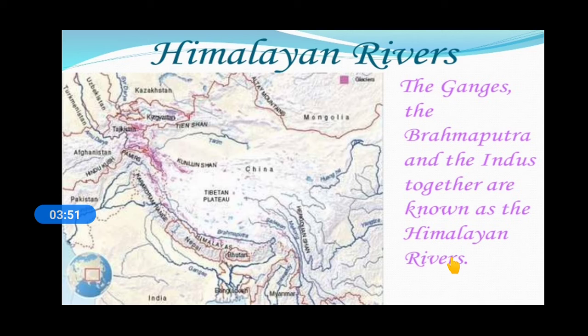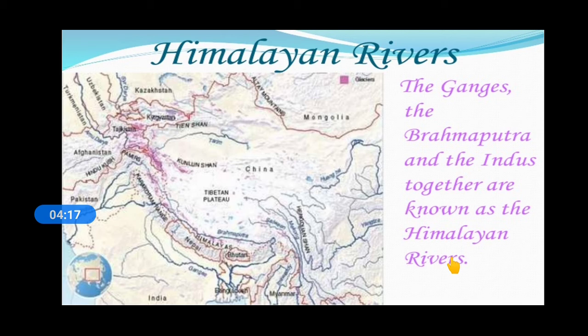These rivers are very long and are joined by many large and important tributaries. They cut through the mountains making gorges. I have already shown you that in the picture. They have long courses from their sources to the sea. They have a big journey to do.